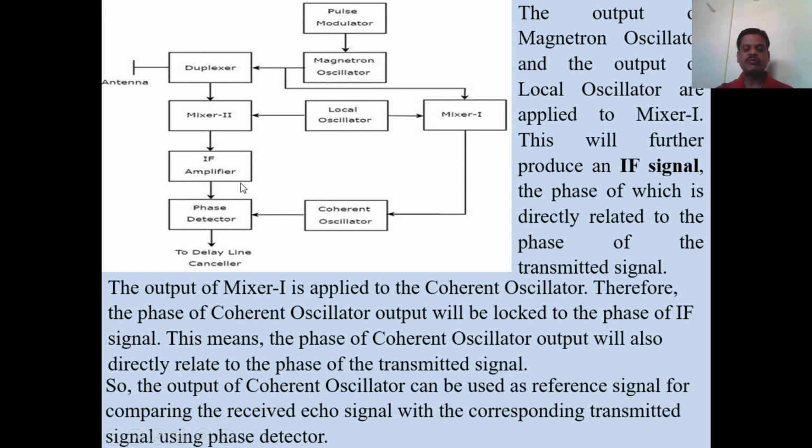This means the phase of the coherent oscillator output is also directly related to the phase of the transmitted signal. So, the output of the coherent oscillator can be used as a reference signal for comparing the received echo with the signal corresponding to the transmitted signal using the phase detector. The phase difference between these two signals is detected by this phase detector.